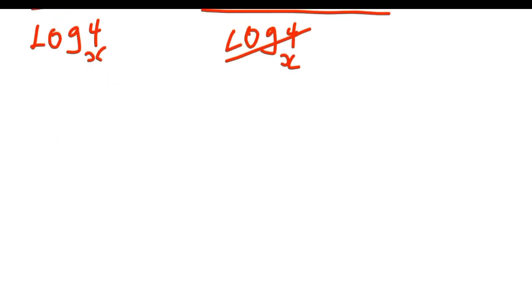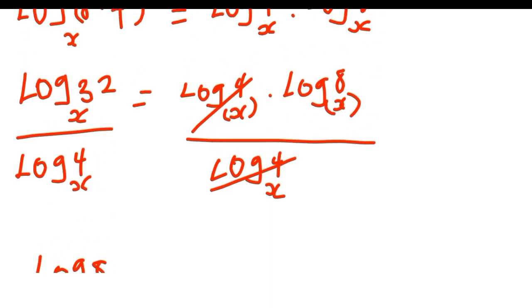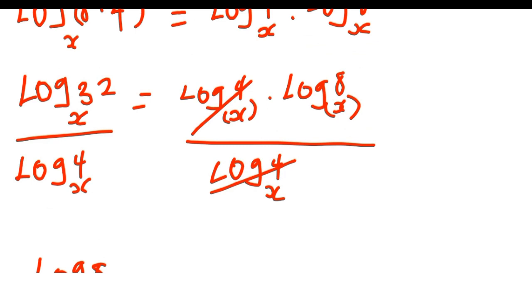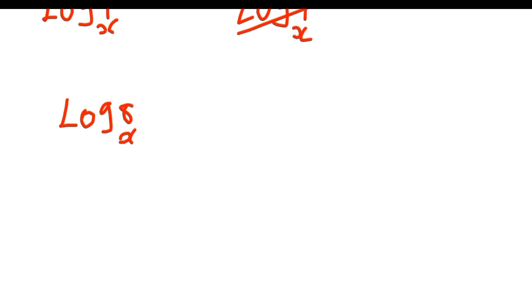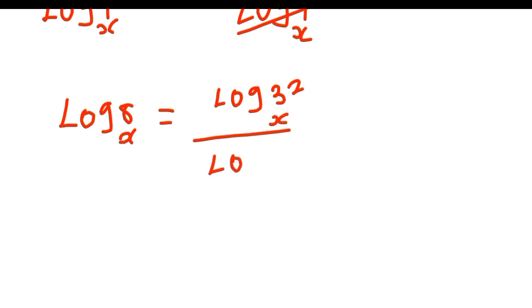So this will give us that our log 8 base x, which is the remainder here, is equal to log 32 base x all over log 4 base x.